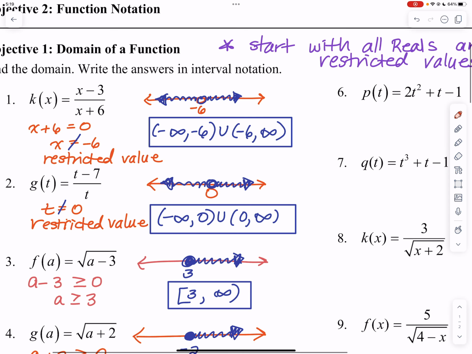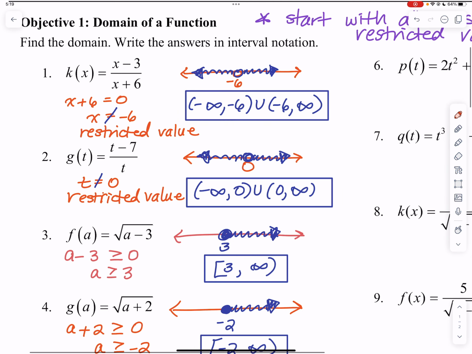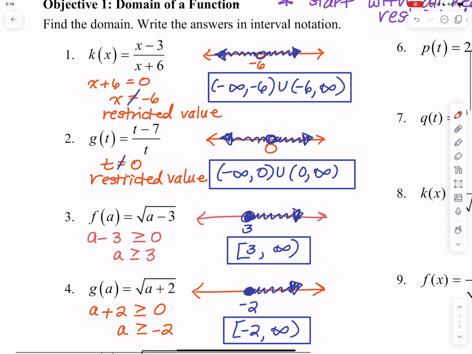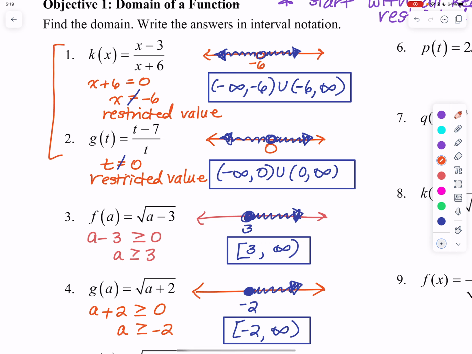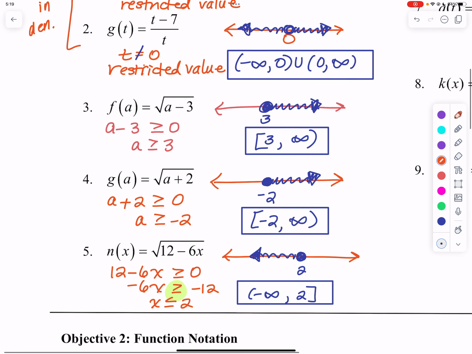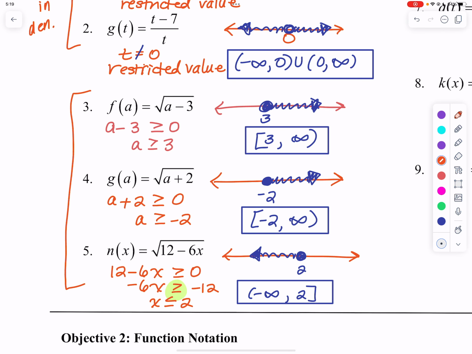So we had 0 in the denominator in number 1 and number 2. And then in number 3 through 5, no negatives under a square root.